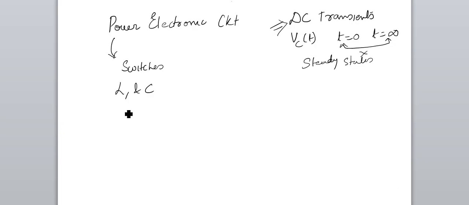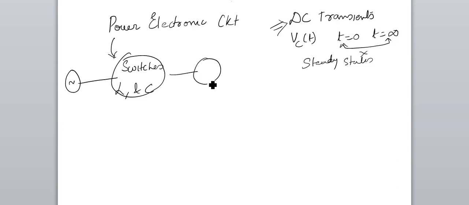You can have loads, and these switches, inductors and capacitors are between your source and your load. So the circuit that has these components between your source and load is called a power electronic circuit.